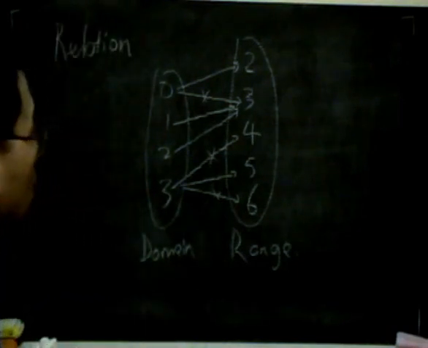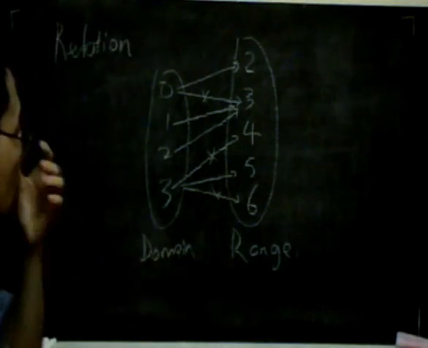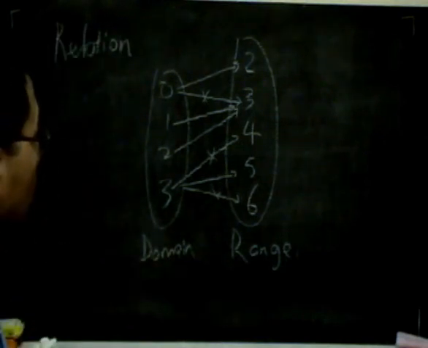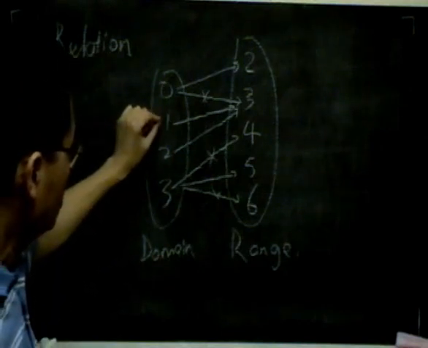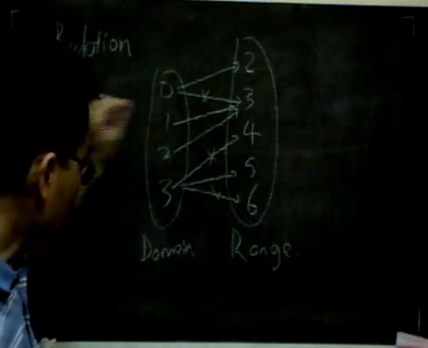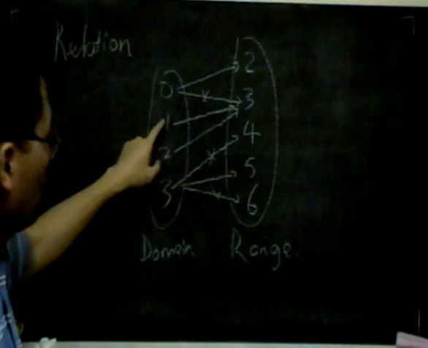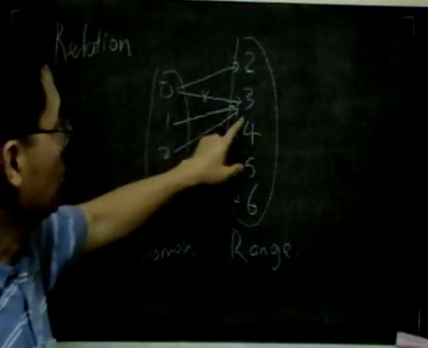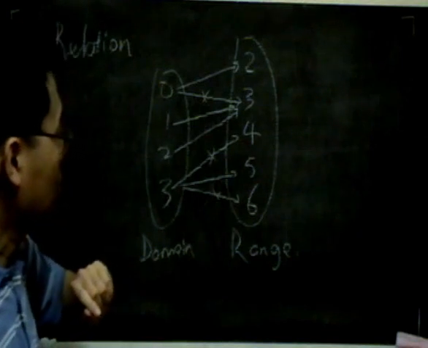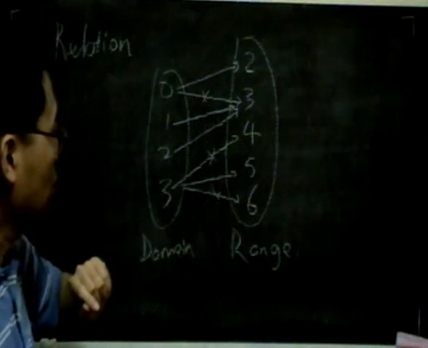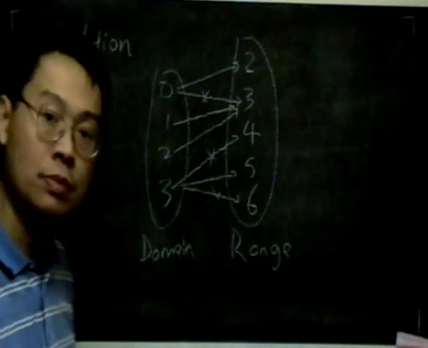Alright, so a function is a relation in which each element in the domain can only be related to one element in the range. Right?